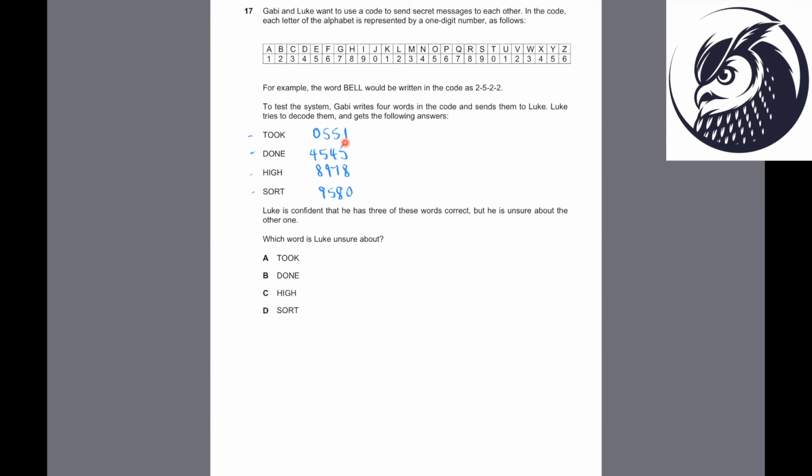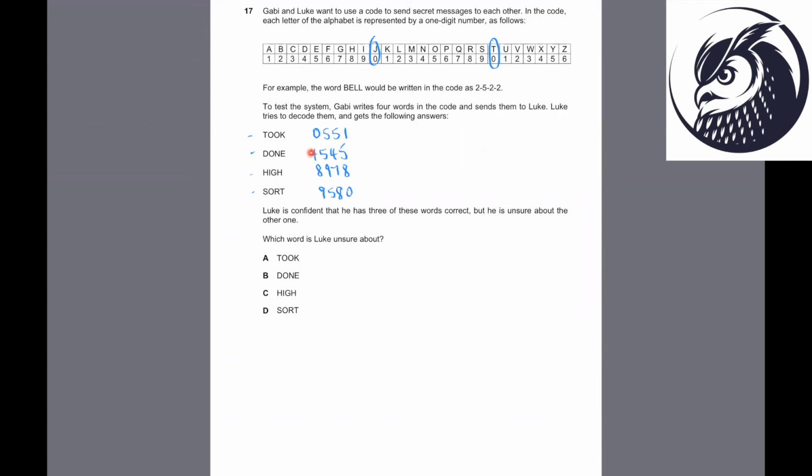So what we should be looking for are numbers that occur very frequently, or the most frequently, in this diagram here, okay? So I'll give you an example. Let's have a look at 0. How many times does 0 occur? It represents J and it represents T. So there are only 2 possible letters that 0 could mean. Now, on the other hand, let's look at something like 4. So how often does 4 occur?